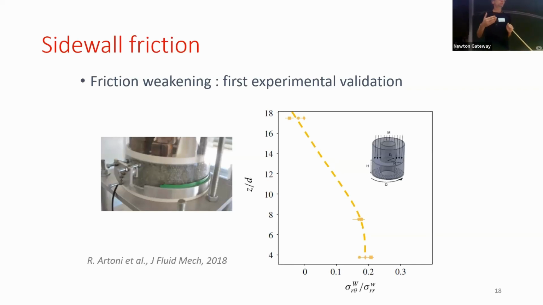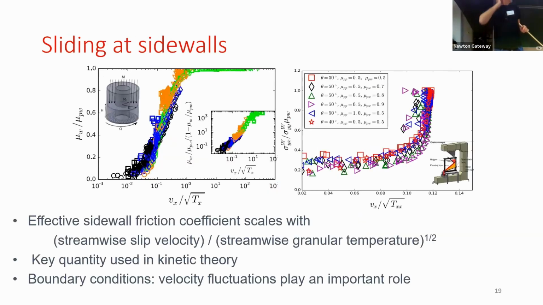So now, if you want to go back to a potential continuum description of granular flows, we have to find a boundary condition. Can we find a boundary condition for the friction coefficient at the side walls? We start by looking at a given quantity, which is the streamwise velocity divided by the square root of the streamwise granular temperature.